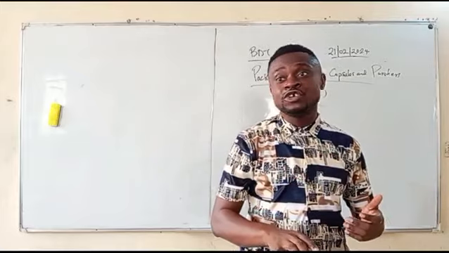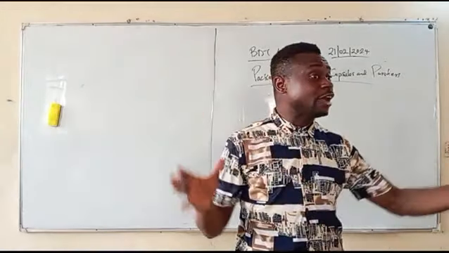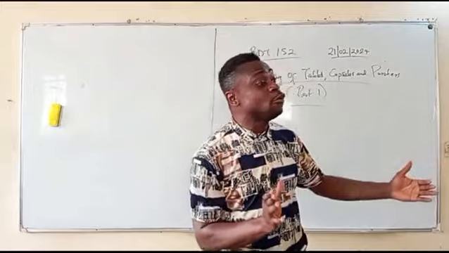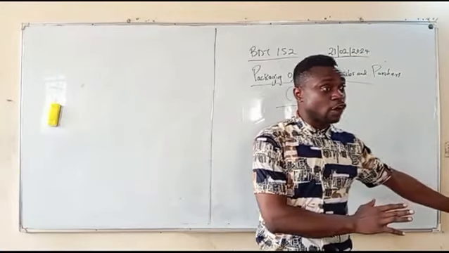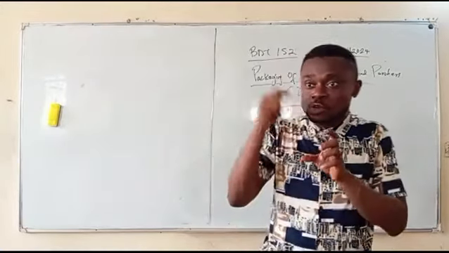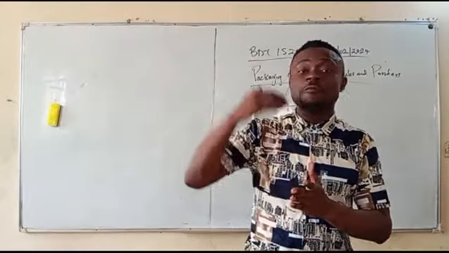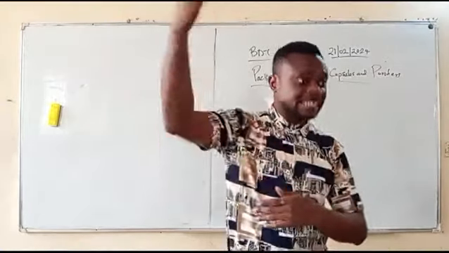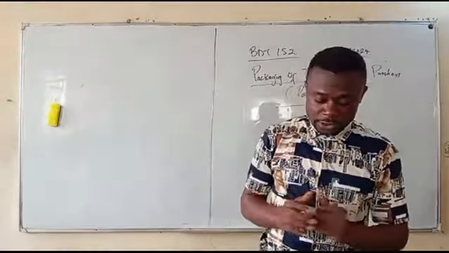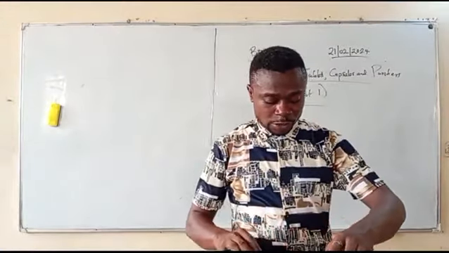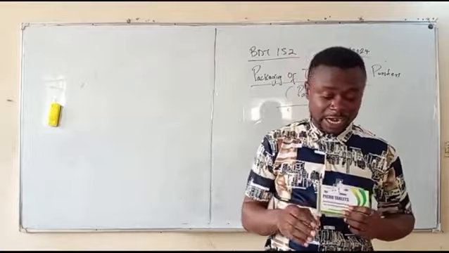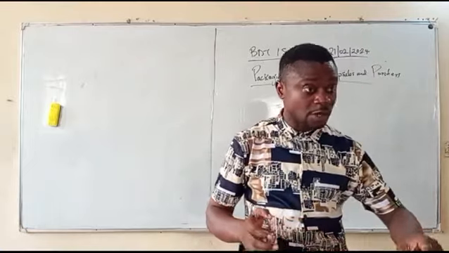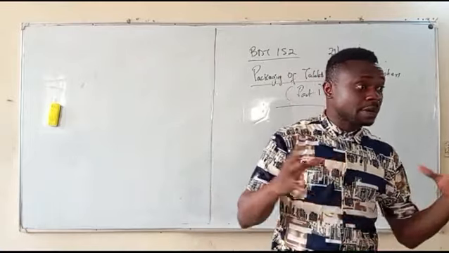Then you start talking about the carton where you now put it and even where you stack it. But the primary is the one that has direct contact, followed by the secondary, and the next one is tertiary. So this is basically what I want to explain when I made mention of the words primary, secondary, and tertiary.